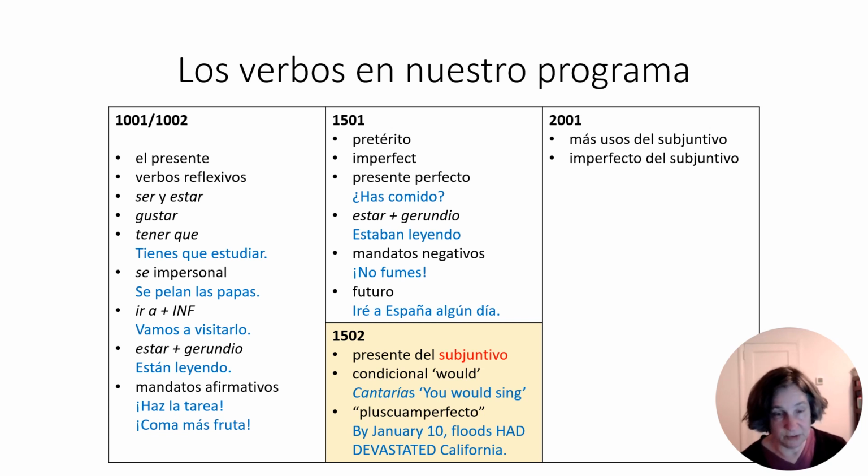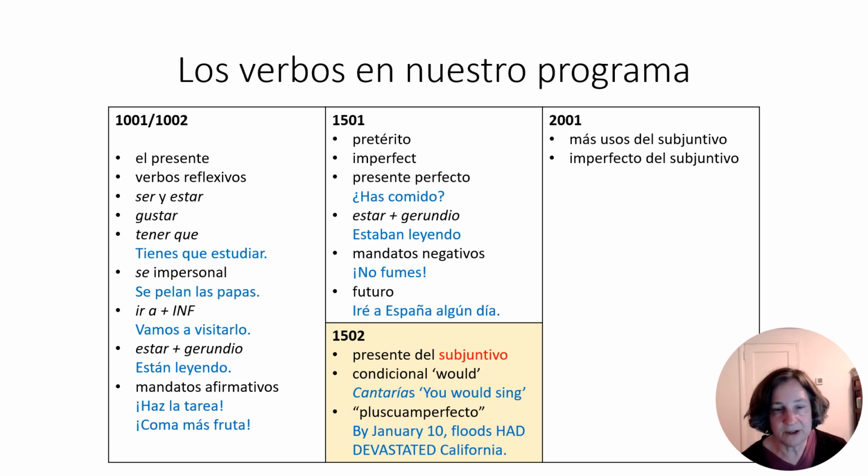You've learned to use tener que to talk about what you have to do. You learned the se impersonal. You've learned to talk about the future using ir a plus infinitivo, vamos a visitarlo. And you've learned to use estar plus the gerundio to talk about what is going on right now. And finally, you have learned to make affirmative commands. So it's pretty amazing.